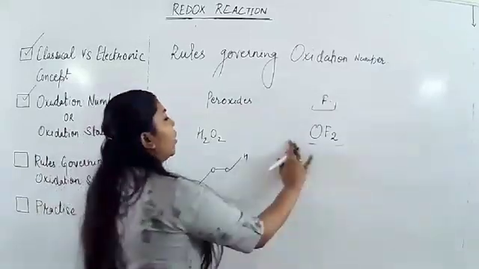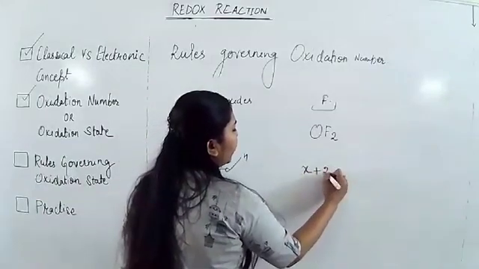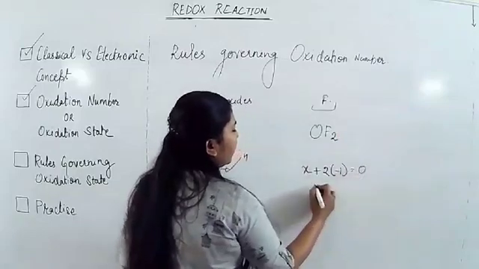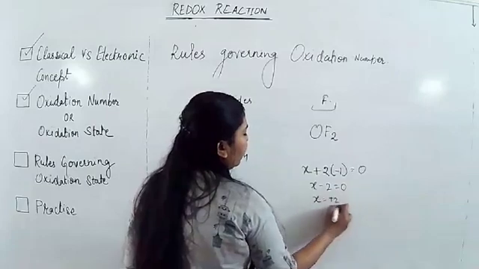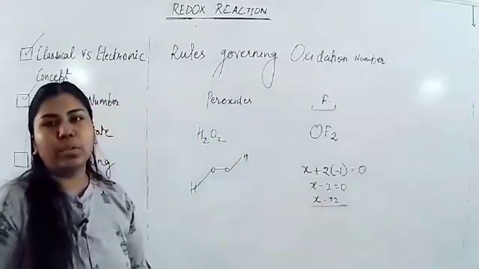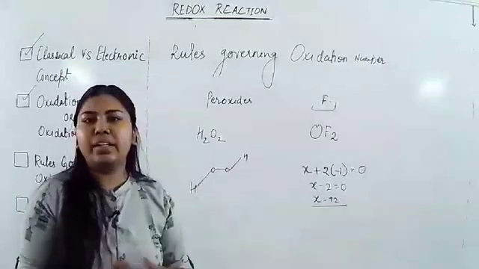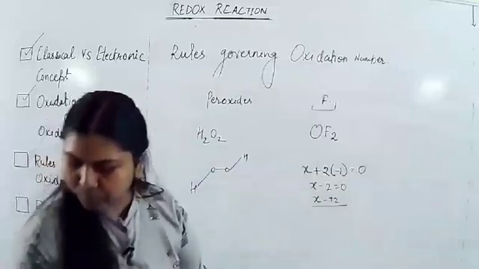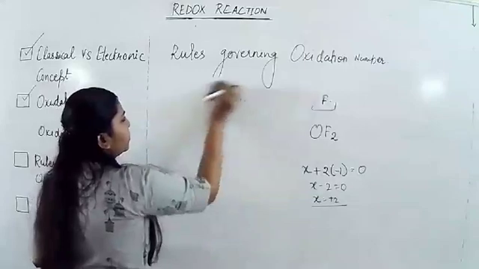So if it is X plus 2 into -1, and it does not have any charge, it has +2. So this happens just in the case of fluorine. Other than that, it will never have such an oxidation number. Are you getting my point? Okay. Let's move ahead.